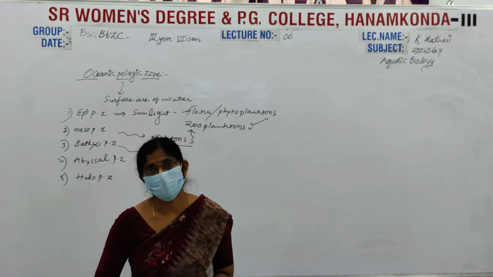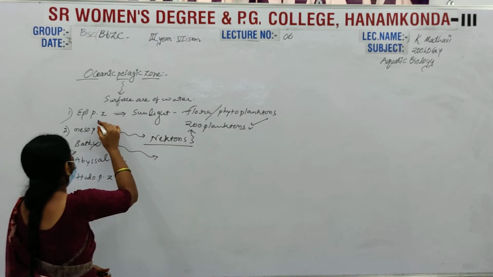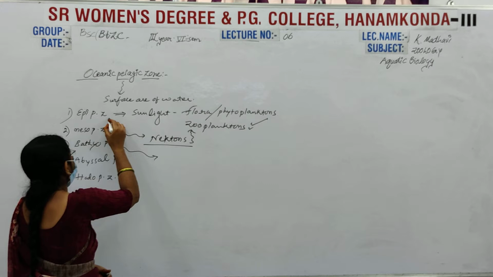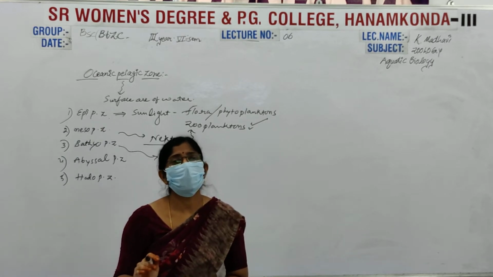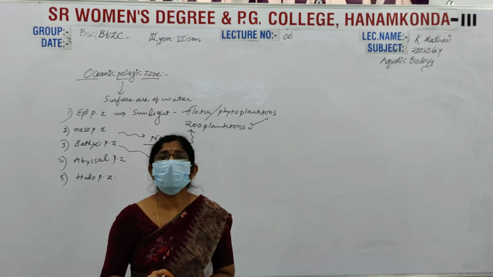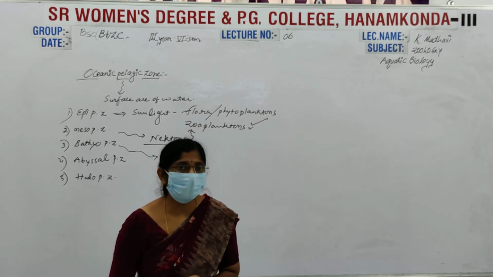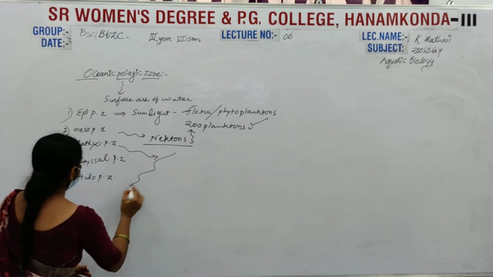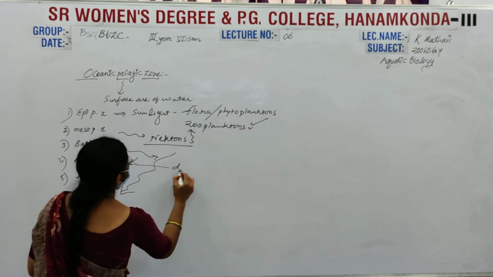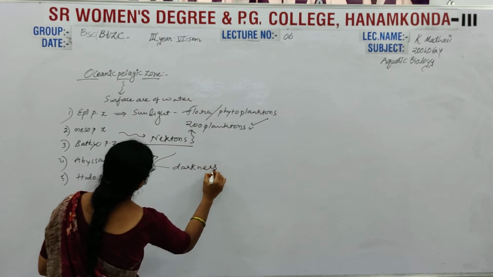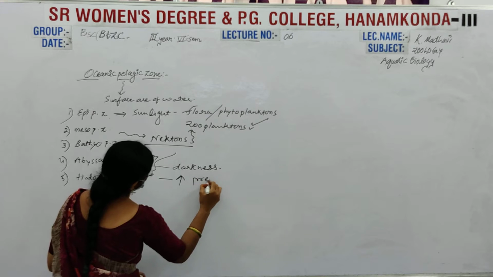High pressure is also present in that region. High biomass is present only from the epipelagic zone to the mesopelagic zone, and the thermodynamic temperature is also present in that area only. Light does not penetrate up to the abyssal region, so complete darkness is observed, with high pressure.